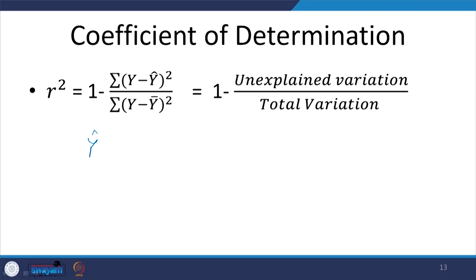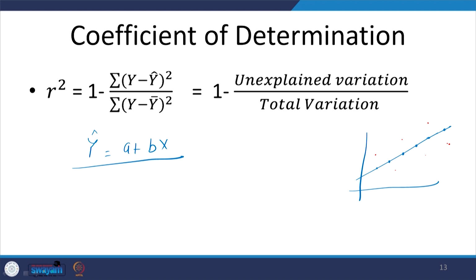Similarly, one more issue is also there, that is the coefficient of determination. When you are forecasting and you have a regression equation of y cap equals a plus b x, there are going to be some variations, because as we just discussed, your estimated points are coming on this line, but the actual points are here.